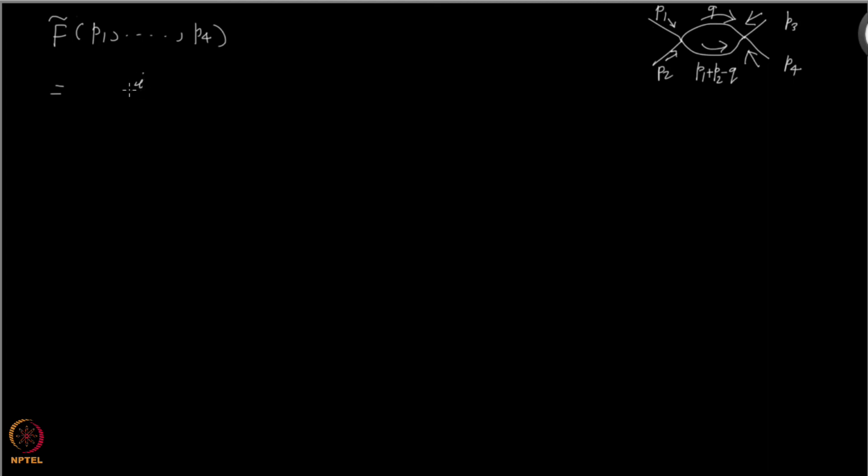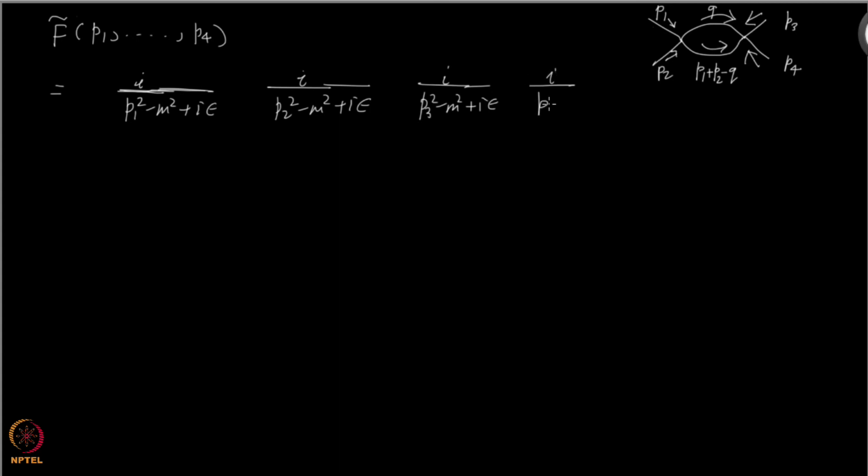So you have i over p1 squared minus m squared plus i epsilon. Okay, for this one you have p2 squared minus m squared plus i epsilon, p3 squared minus m squared plus i epsilon. Okay, so you see that these external lines have nicely factored out of all other things.